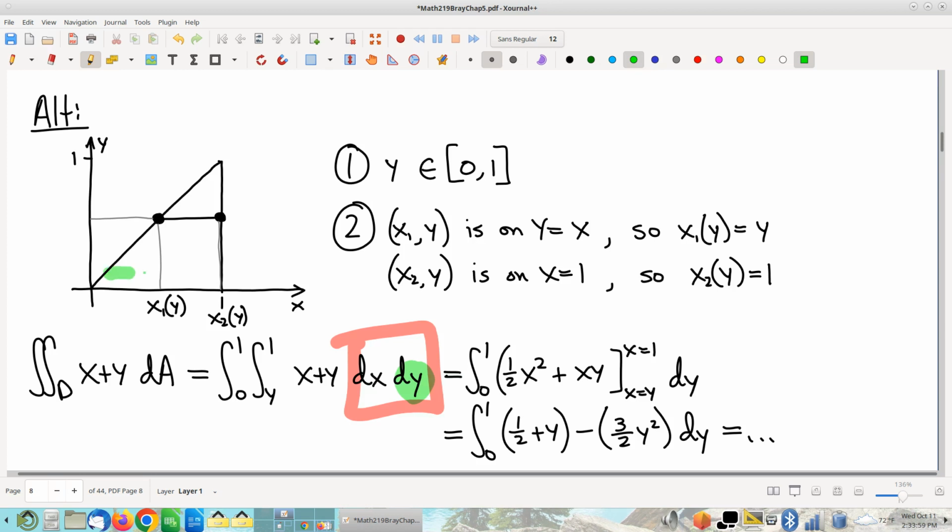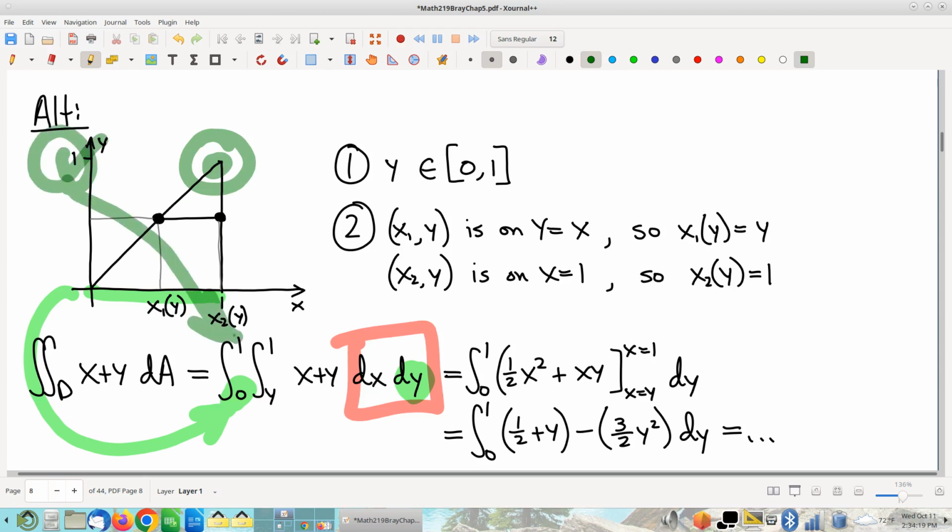Y slices all kind of look like this. Our first y slice is here, which I think is pretty easy to persuade you is y equals 0. And our last y slice is here, which again happens to be exactly the y coordinate of that point, so conveniently 1.